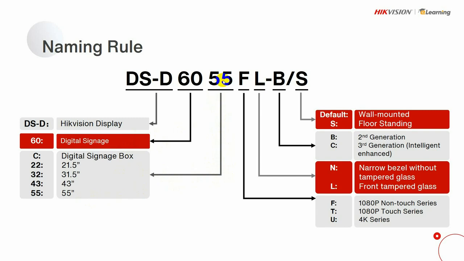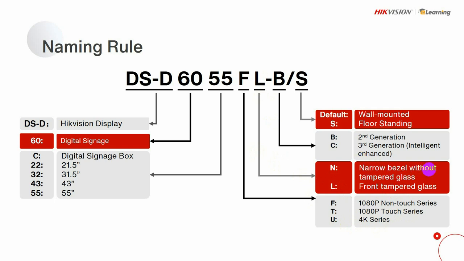And if there is a C, this means it is a digital signage box. And then F here, or there could be T or U, which are all series identifiers. For example, F means the 1080p non-touch series, T means the 1080p touch series, and U is for the 4K series, all right? And then L here means front tempered glass.